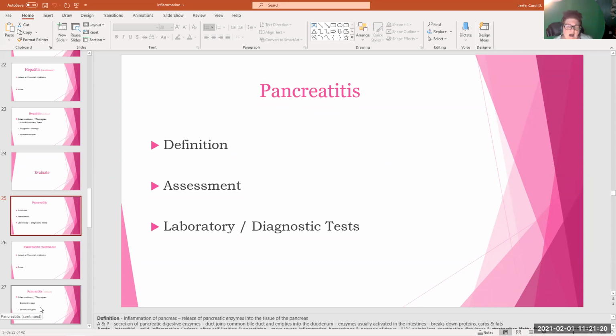Pancreatitis that becomes chronic, those alcoholics that have trouble abstaining from alcohol, when it becomes fibrotic, the pancreas, and the tissue is destroyed, it's irreversible. Okay, so because those enzymes are not going to be produced, they're going to have to take pancreatic enzymes before meals to digest those foods.